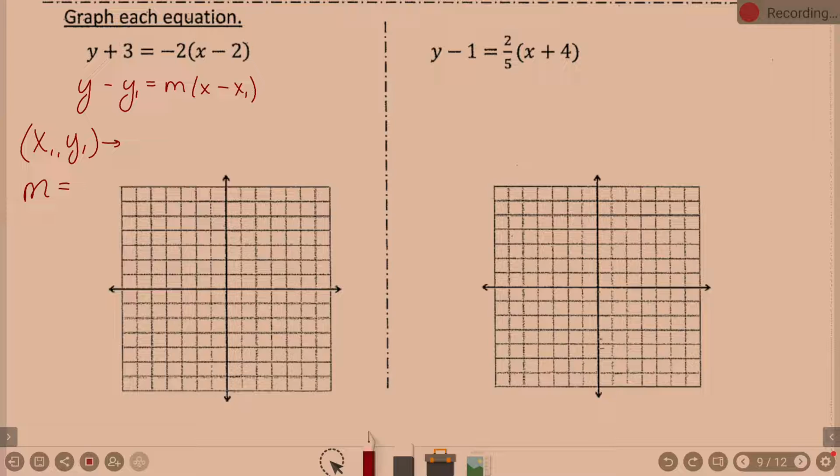Anyone got any of that information for me about what x1 and y1 are and what m is? Well, x is 2, and then y.